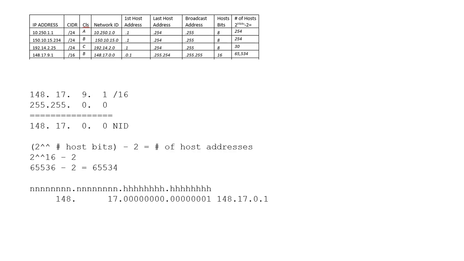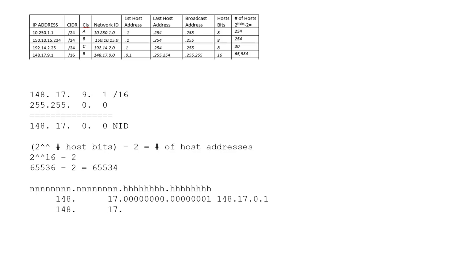All right, let's do our next one. This is going to be our last, 148.17. Then again, well, I'll tell you what, we'll do the broadcast address first, which says that for the broadcast address, all the host bits are 1s. So I've got 16 host bits.